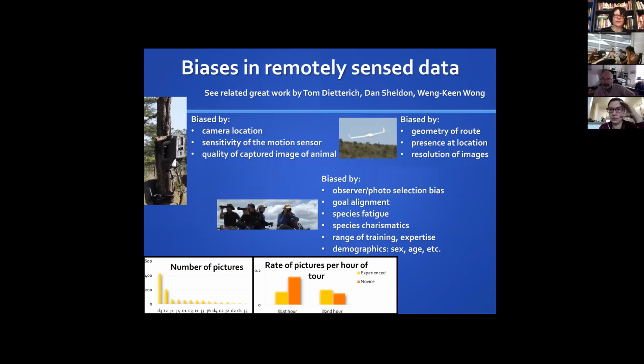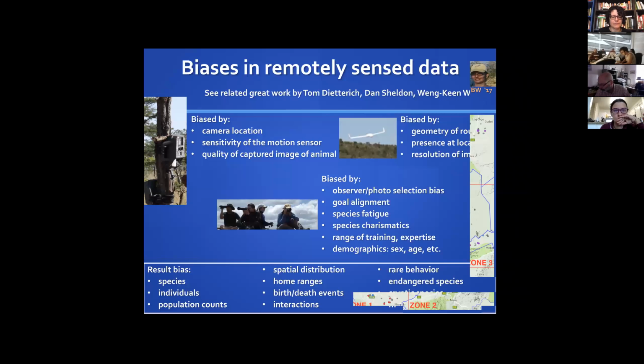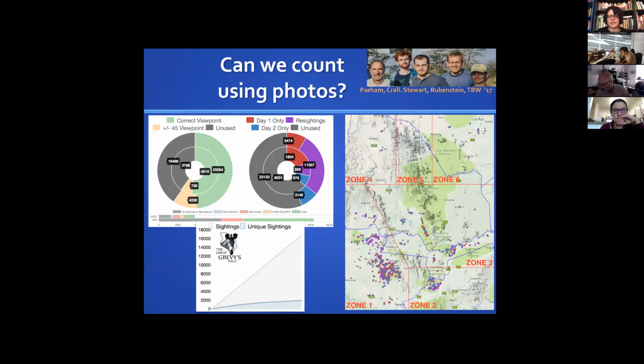Novices take 100 pictures in the first hour and then drop down to taking just a few, and experienced tourists have a steady rate. All of these biases feed into the resulting bias of the data that we get from photographs. So we've explicitly tested our results for both spatial and resighting bias.